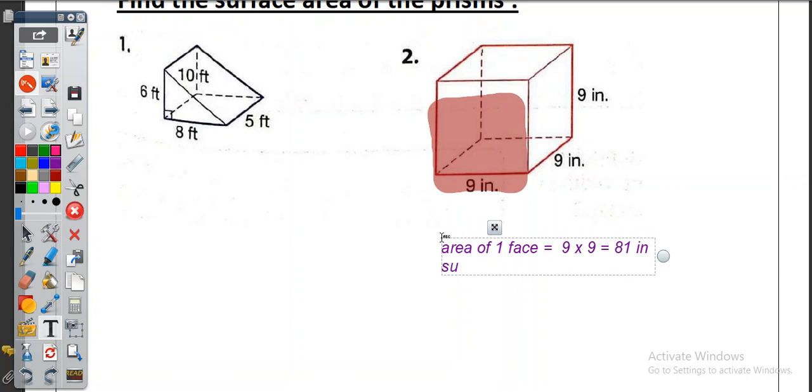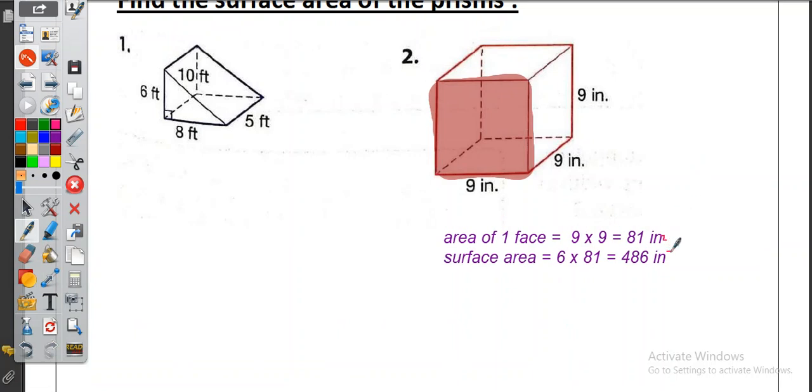So the surface area is simply multiplying the number of faces by the area of one face, which is 81 times 6 is 486 squared inches because we are finding the surface area.